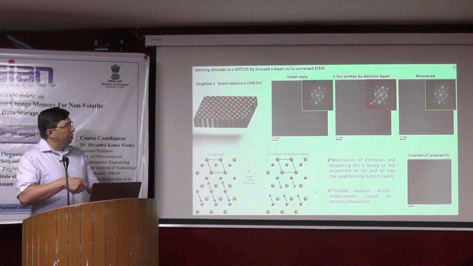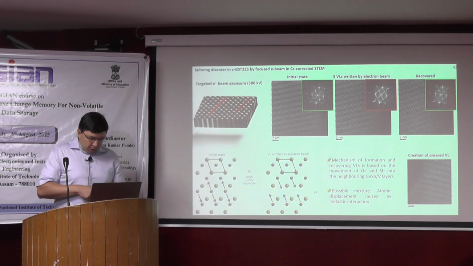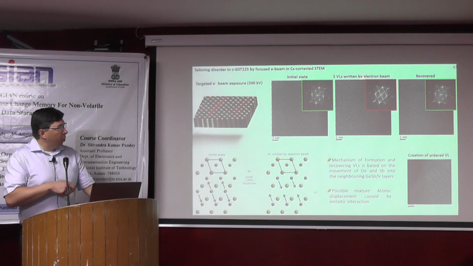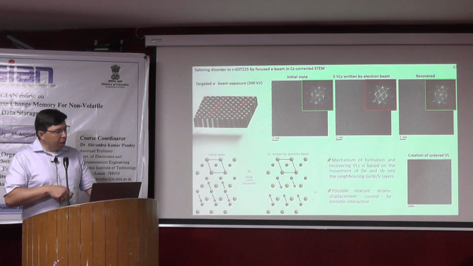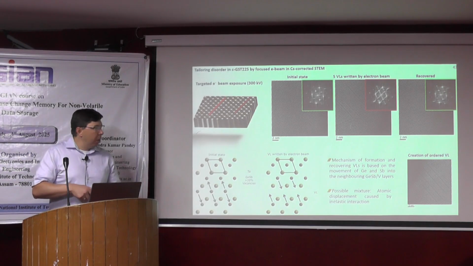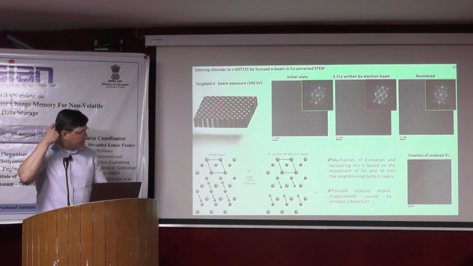We have the formation of additional lines on 111 planes here, and this is the signature of the formation of these vacancy layers. We can also bring back our modified area to the initial structure. If we make electron beam irradiation with a little bit larger beam, then we can transform this modified area back to the initial structure.